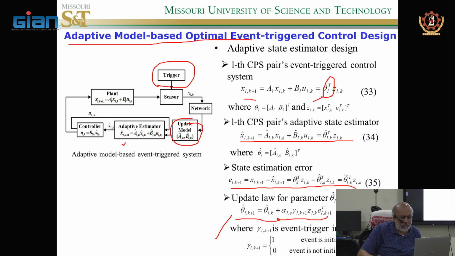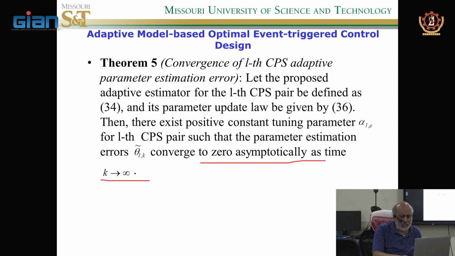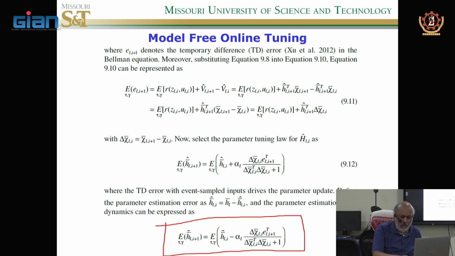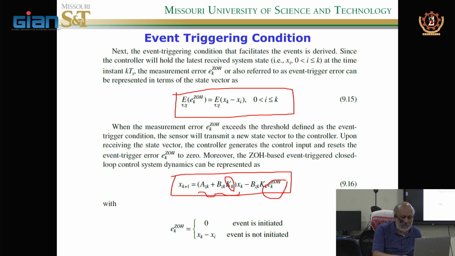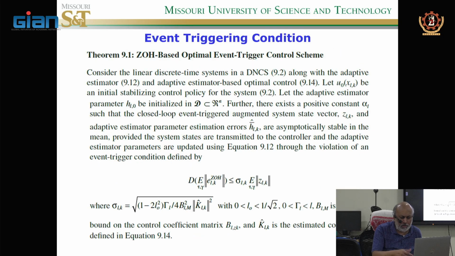What is that estimator doing? It is estimating A hat and B hat, and that information is used to tune the parameter update law. Also, it's used to determine when to transmit the signal. This event triggered approach is very popular, and it violates the Shannon sampling theorem, but it works.